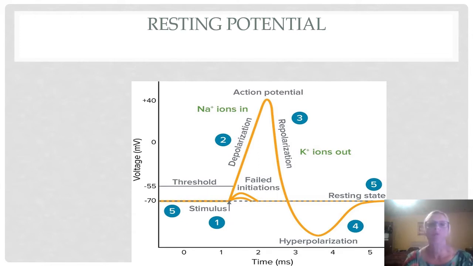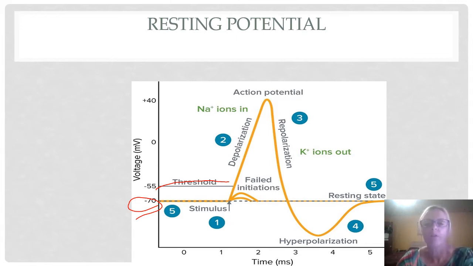So the resting membrane, we already said, has a potential charge of -70, okay? And so here we have our threshold line at -55. So we need the voltage to go from -70 to -55. So it needs to change by +15 millivolts, okay?